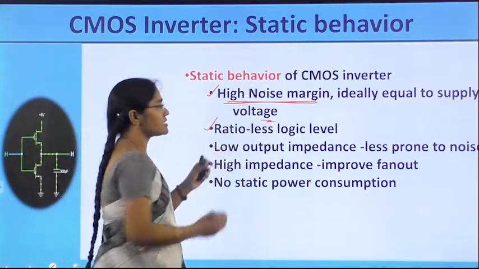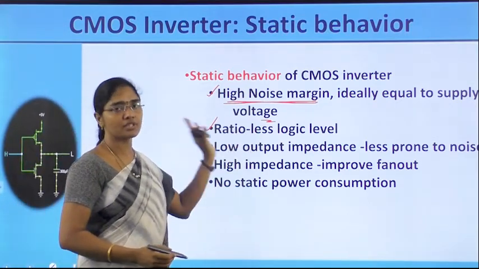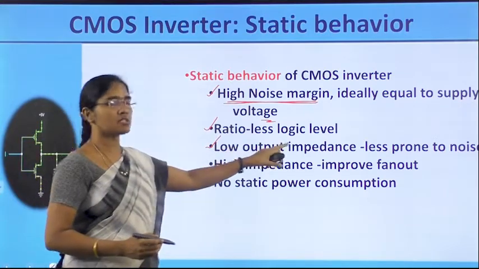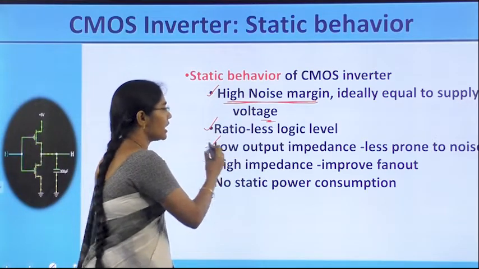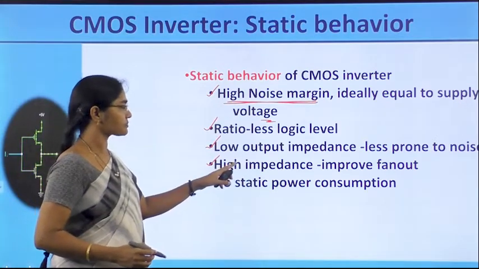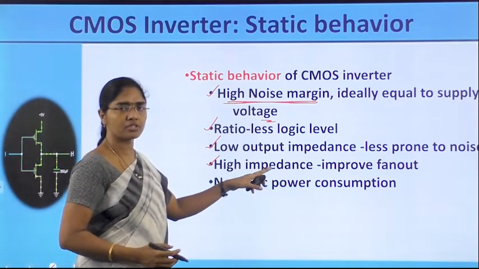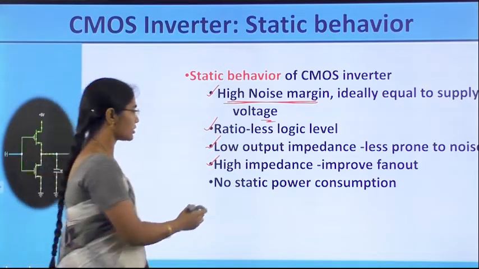Then it is called a ratio-less logic circuit, meaning the outputs are independent of the sizes. Its output impedance is low, so it is less prone to noise. And it has a high input impedance, therefore it provides improved fan out.